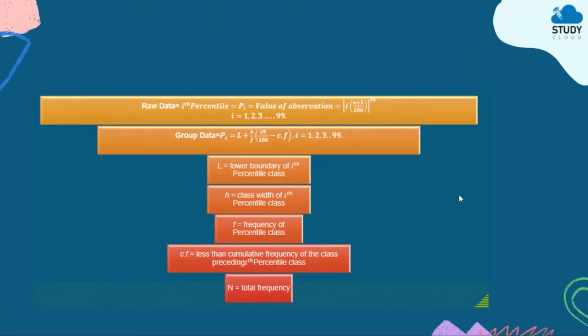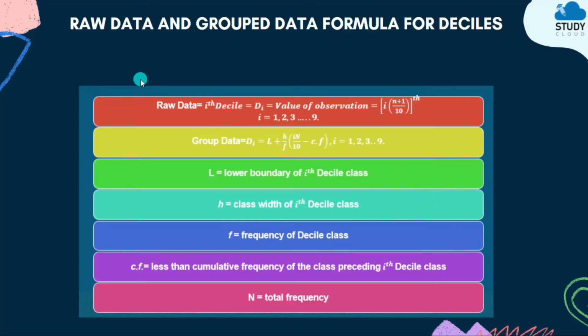Then the next part is the raw data and grouped data formulas for deciles. Again the formula will be the same, the difference is that here i will begin from 1 to 9, and there will be a difference in the denominator, as it divides the entire set of observations into 10 equal parts. So here the denominator will be 10, that is i(n+1)/10 for raw data.